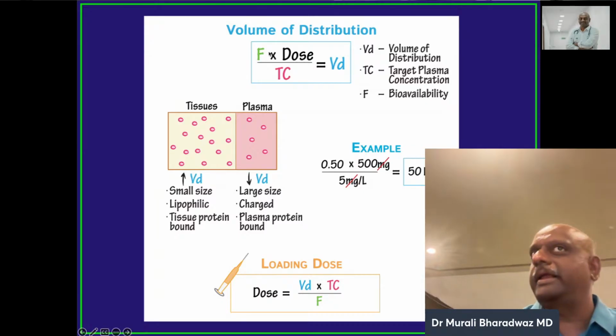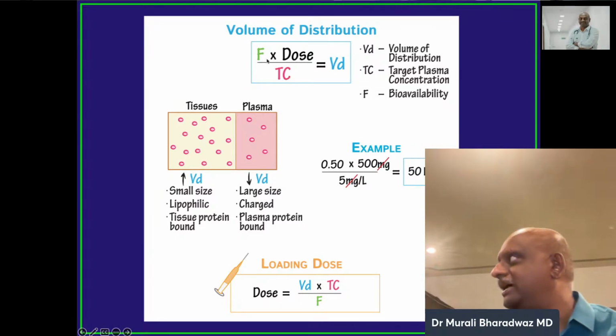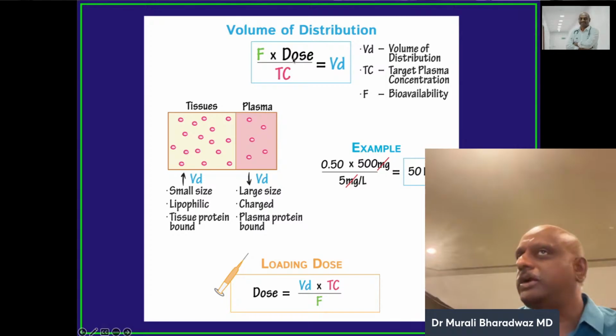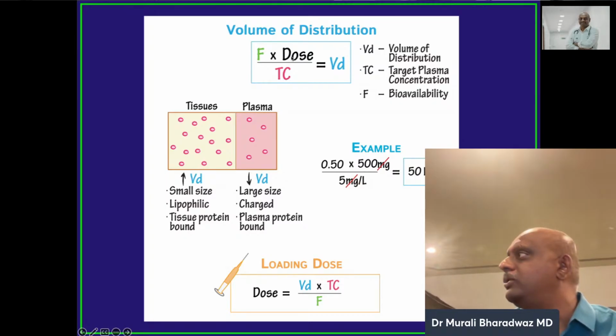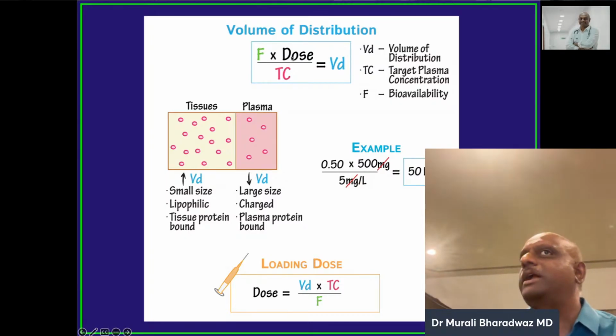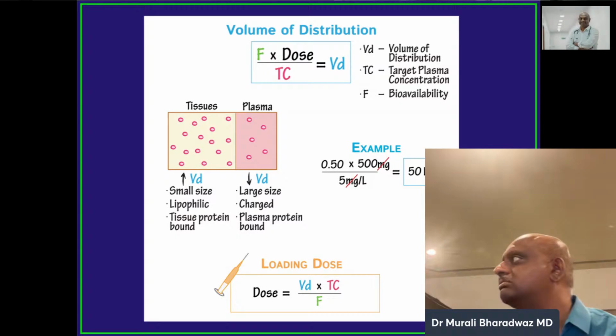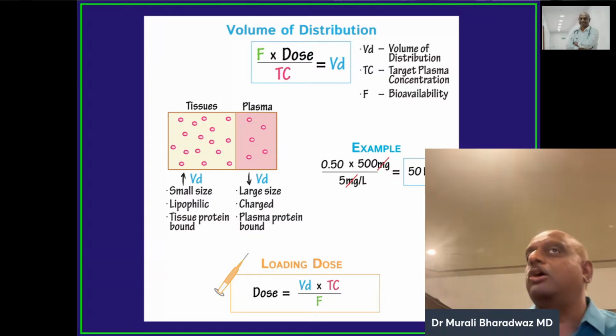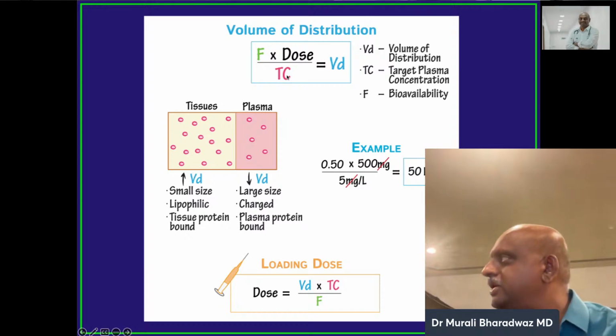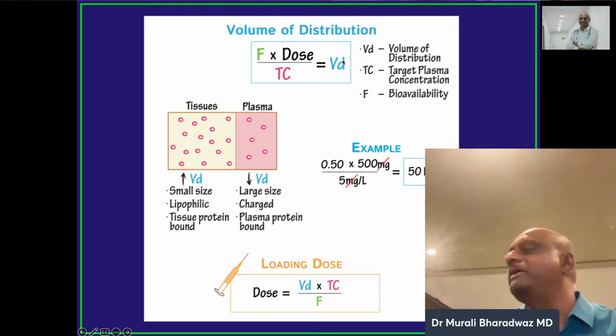Out of the dose that you have given, how much came into the plasma. Bioavailability into dose will give you the total amount of the drug in the body. That by how much is there in the plasma, the target concentration, is equal to VD.